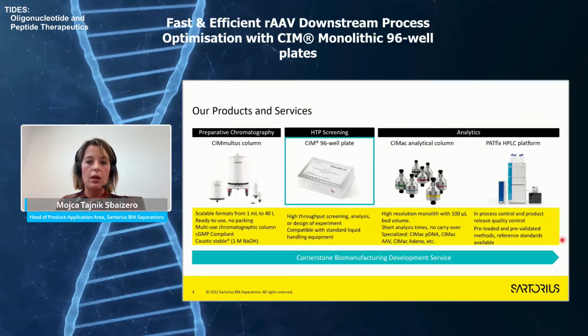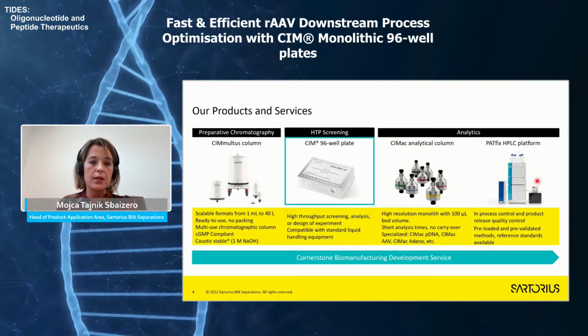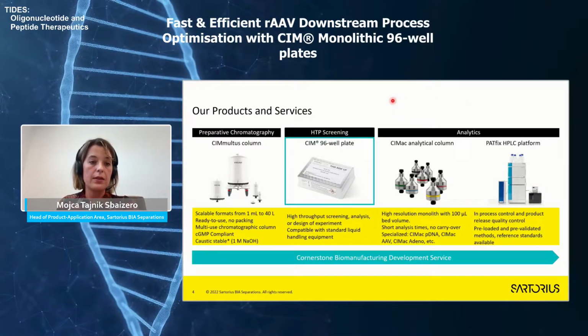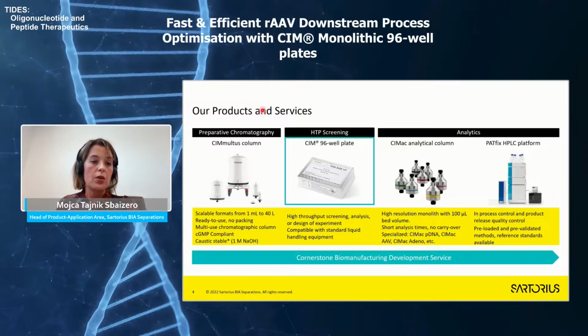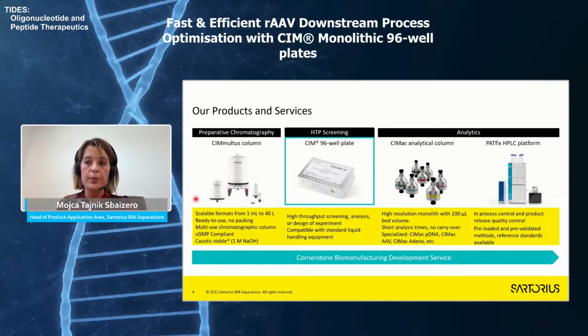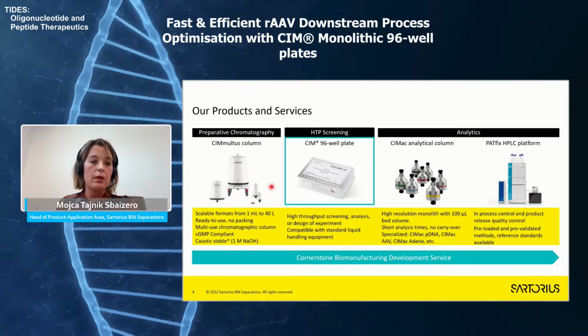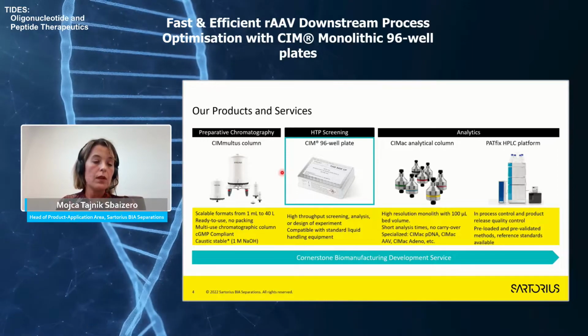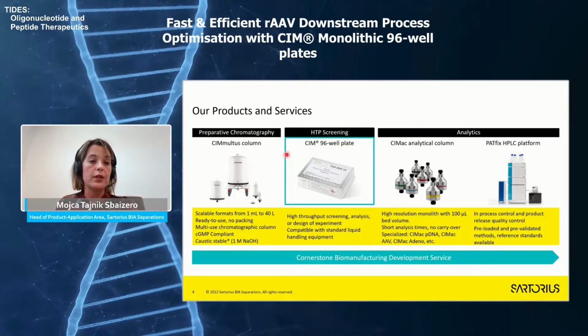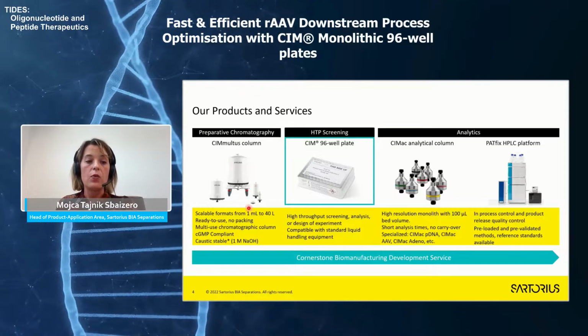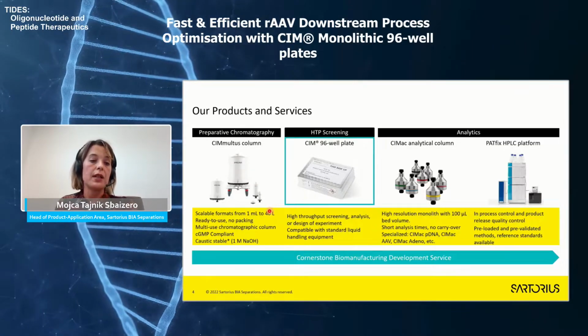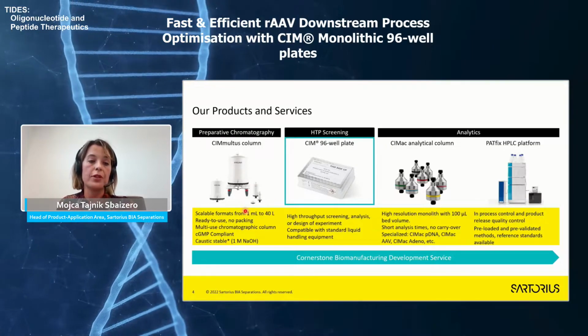Our portfolio of products and services is very wide. We have chromatography preparative columns. These are the columns used from small scale, like 1 milliliter, up to large industrial manufacturing volumes, 40 liter.